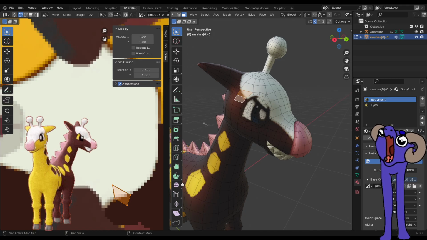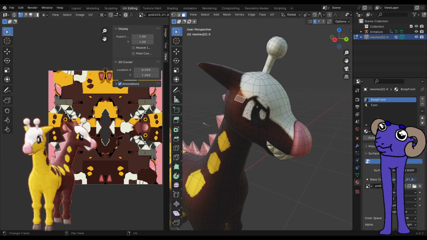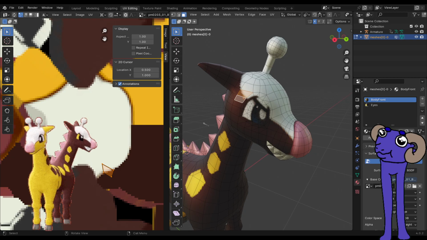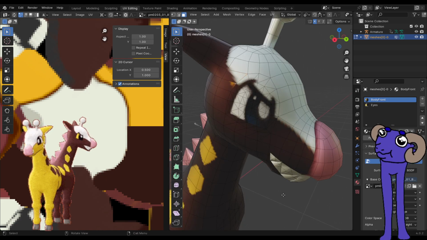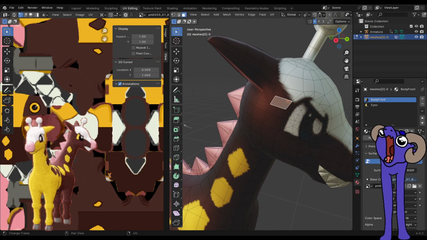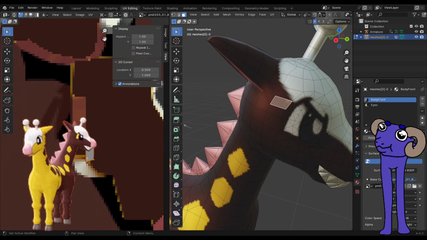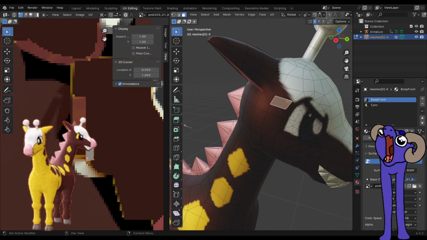Wait, where were those pixels? Those pixels were there. There's still yellow pixels. Oh, because it's also down there. Fair enough.